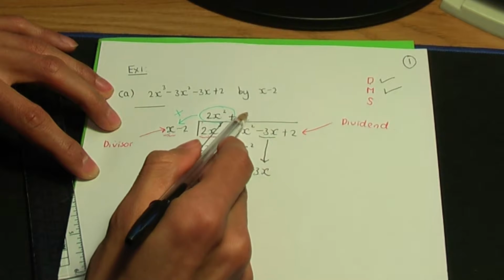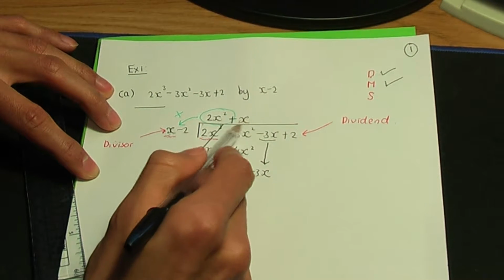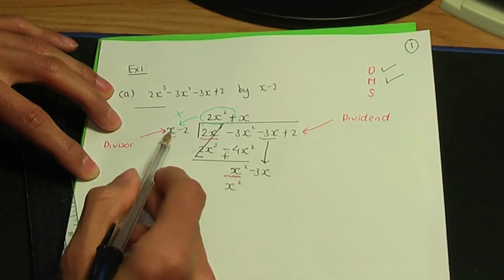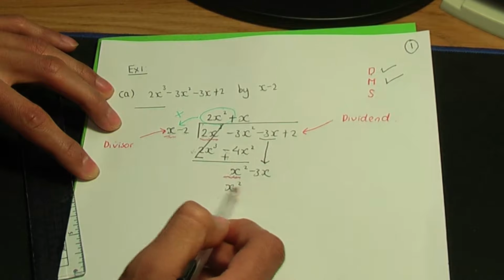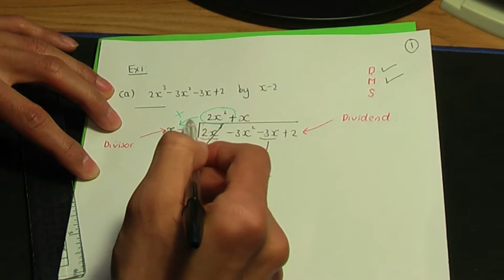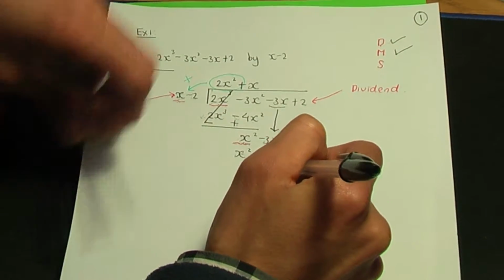We need to multiply plus x by both terms of x minus 2. x times x is x squared. Whenever you multiply, write down the terms below in order of the powers. x times minus 2 is minus 2x.